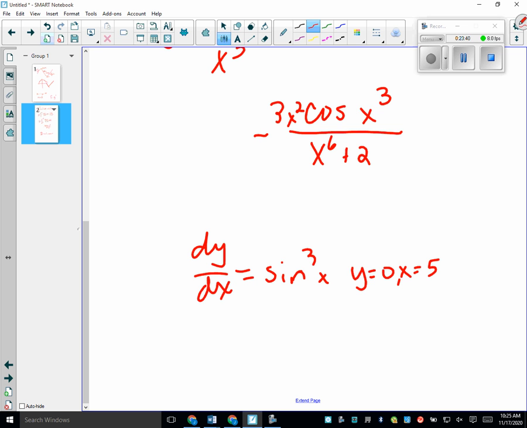My integral is from 5 to x of sine cubed t dt.